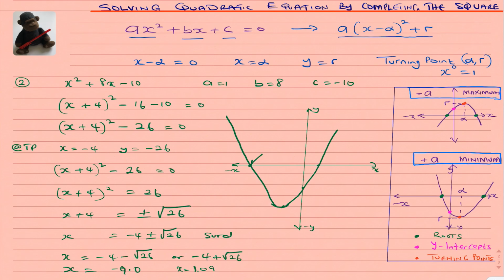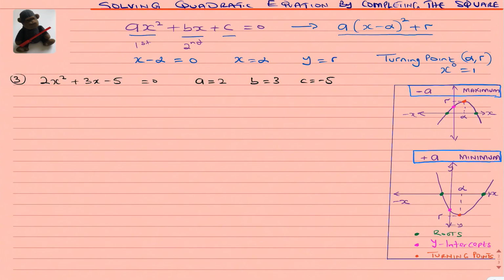This root here is minus 4 minus root 26, and that root over there is minus 4 plus root 26. The turning point here is minus 4, minus 26.